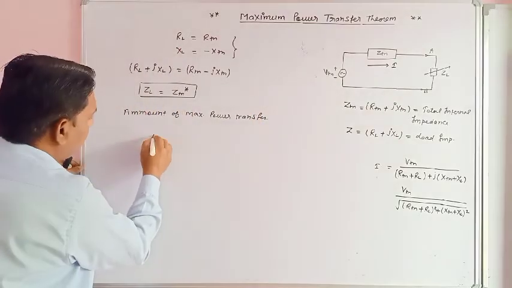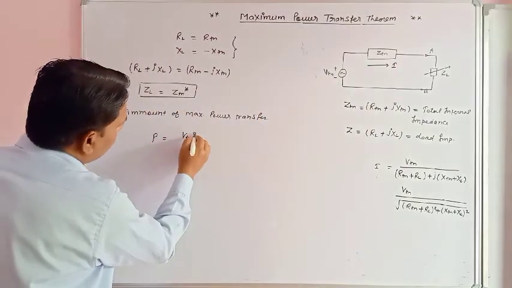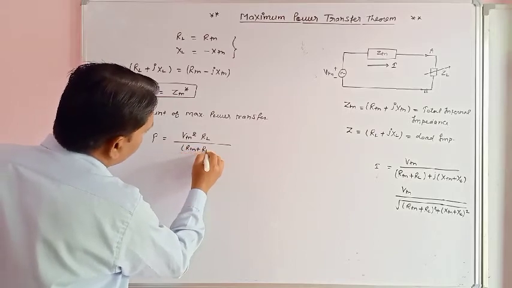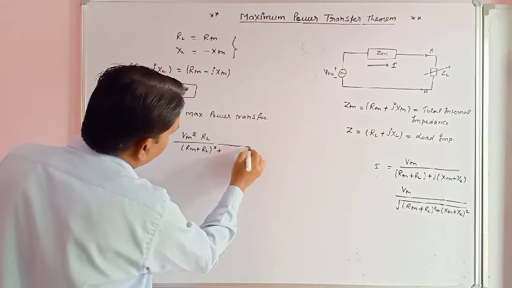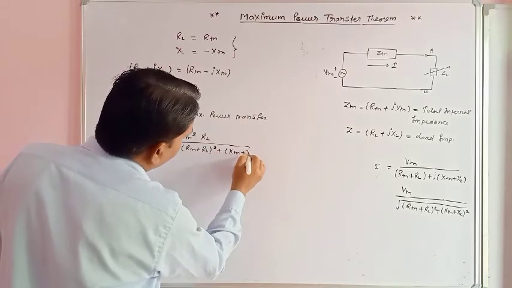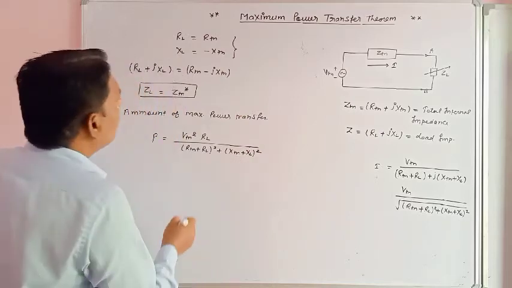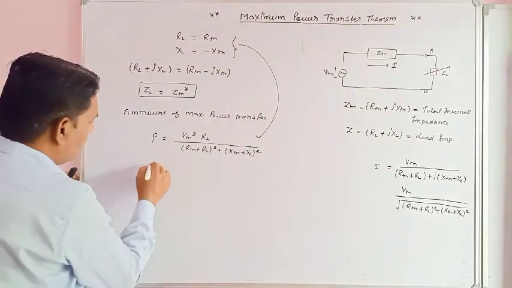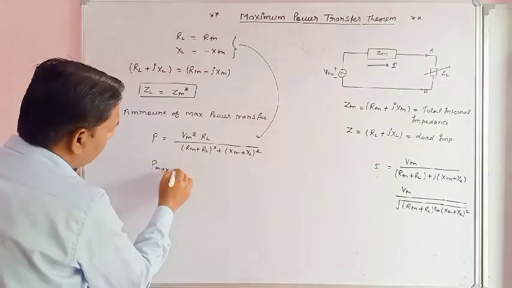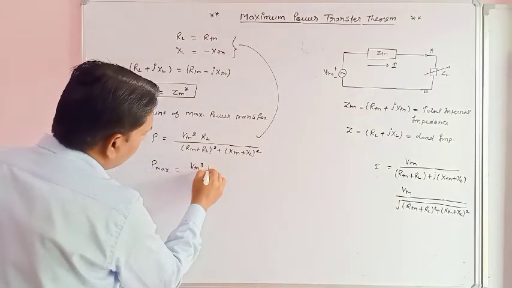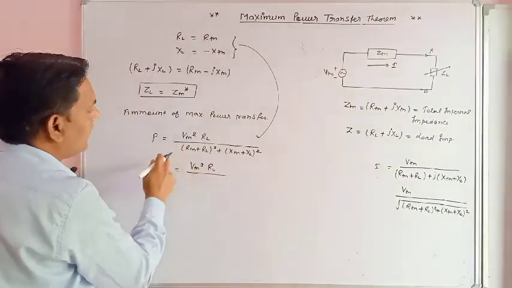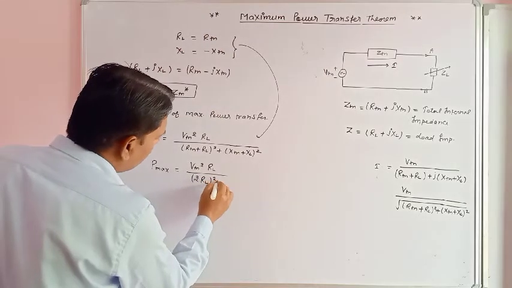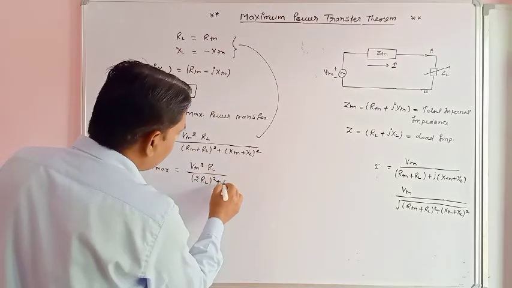We have P is equal to VTH square RL upon (RTH plus RL) whole square plus (XTH plus XL) whole square. Apply these two conditions in this equation and you will get the result. So P max will be VTH square RL upon, since RTH is equal to RL, this will be (2RL) whole square, plus XTH is equal to minus XL, so it will be 0.